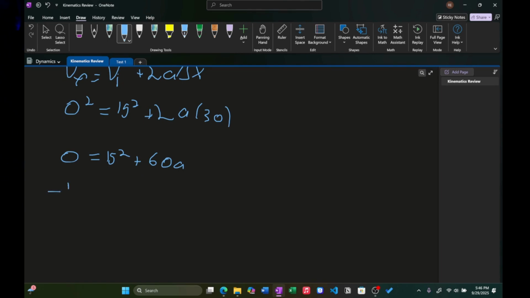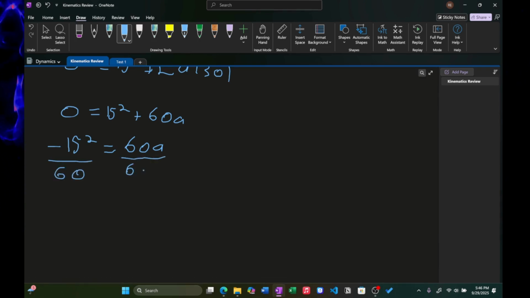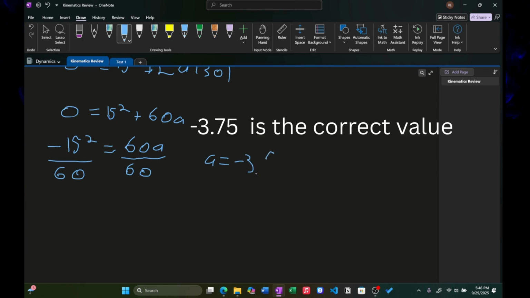If we put that 15 squared on the other side, we get negative 15 squared equals 60a. Dividing by 60, we are left with a, which would be equal to negative 3.75 meters a second squared. There we go.